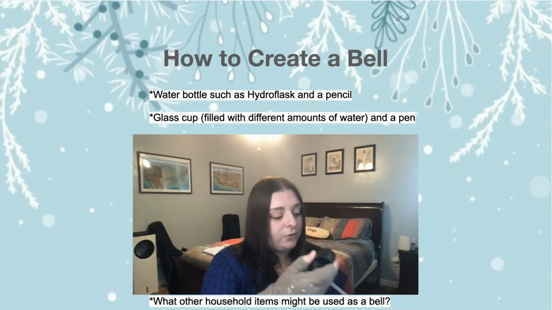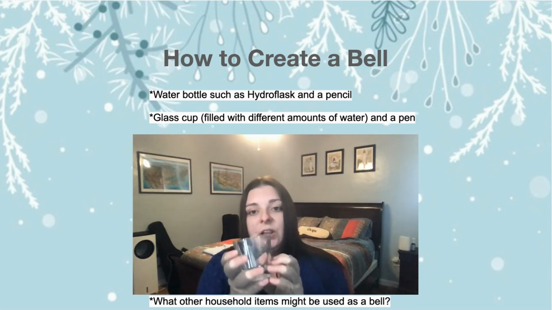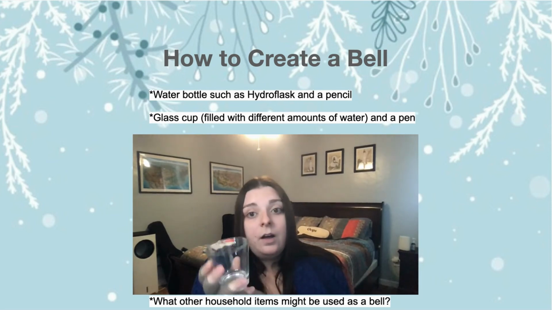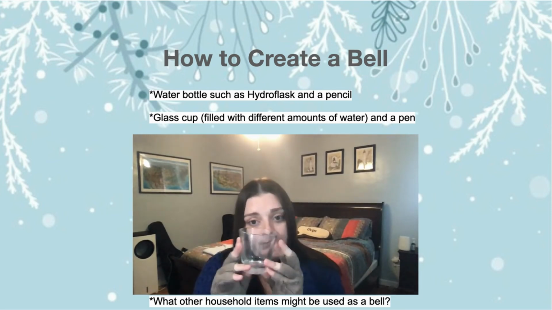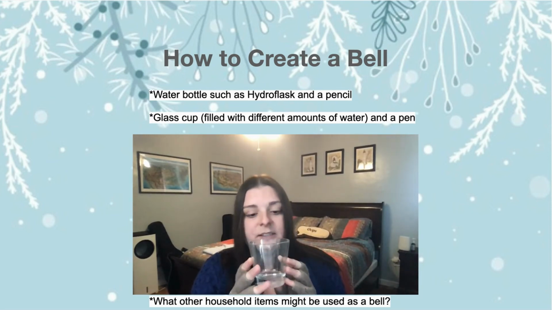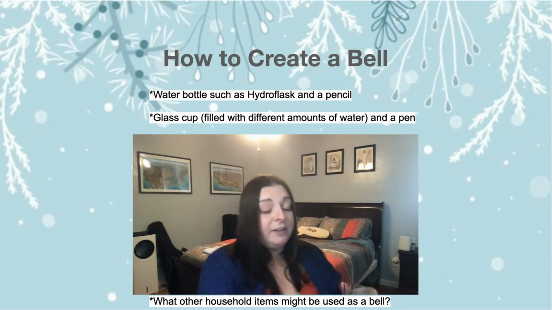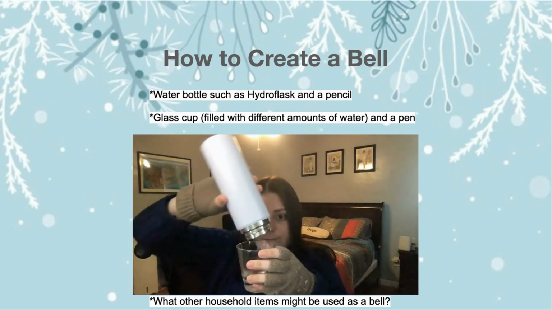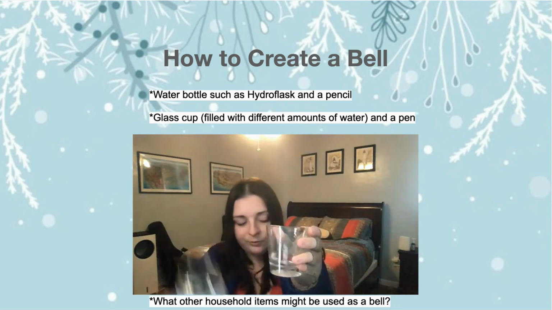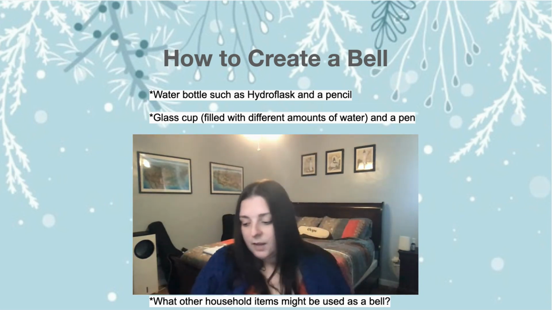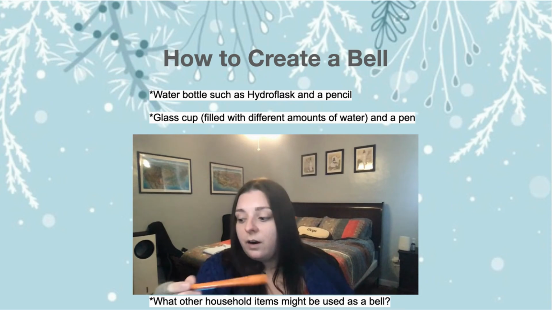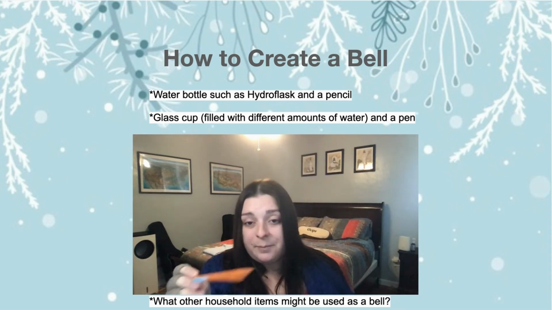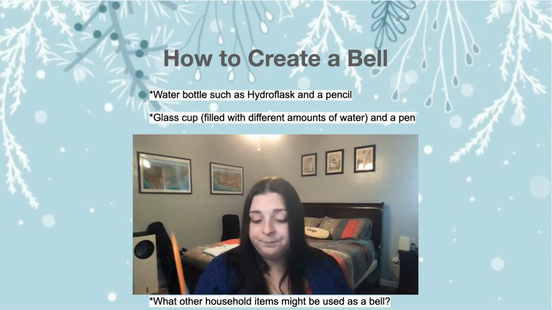Another way we can create a bell is we have any kind of glass cup, which we can either keep completely empty like this one is, or we can fill it up with a little bit of water. So I have a little bit of my leftover water in here. Again, you should take a plastic pencil or pen.